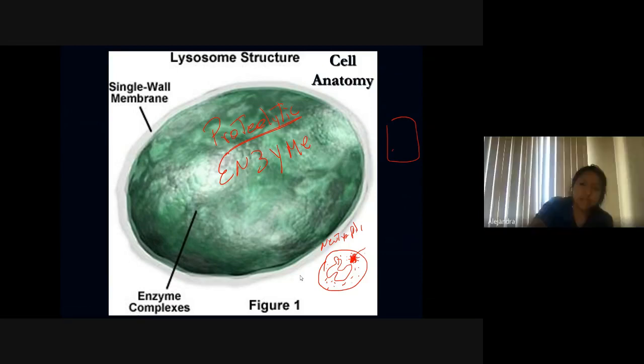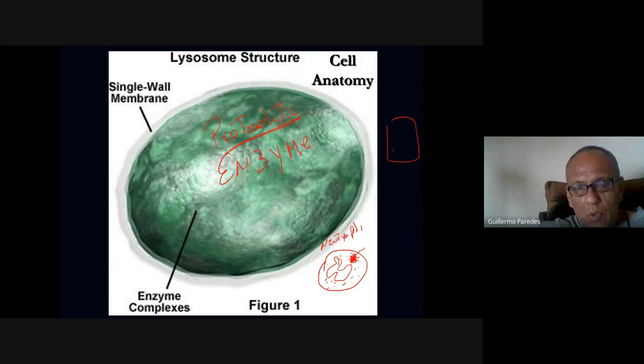You okay with that? Yes. Please, I don't want you to think that the bacteria gets inside the lysosome. No, when the bacteria gets inside the cell, the lysosome is going to open and release the enzymes to kill the bacteria. Okay?